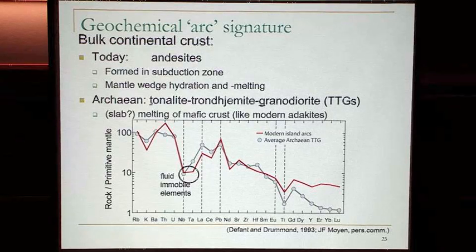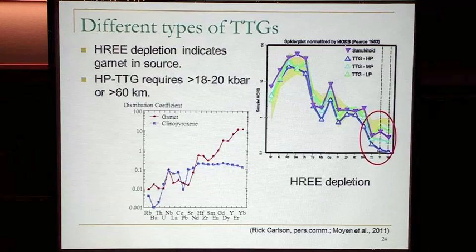But if we zoom in a little bit more on the different types of TTGs, these are all the TTGs, but then subdivided into different classes. And the classes are based on the tail on the right-hand side here. Some of them have a tail that goes down, and some of them have a tail that is horizontal.